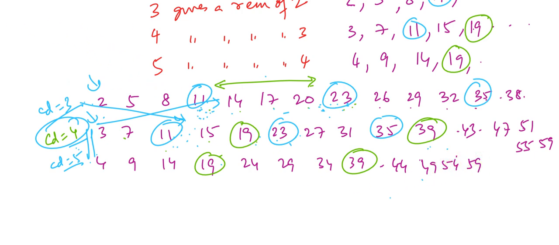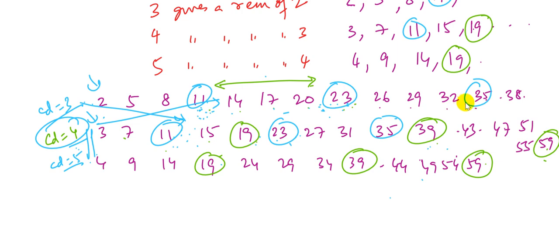So 59 matches between the second and the third series, correct? Now the difference between 39 and 59 is 5 terms in the second series, right?